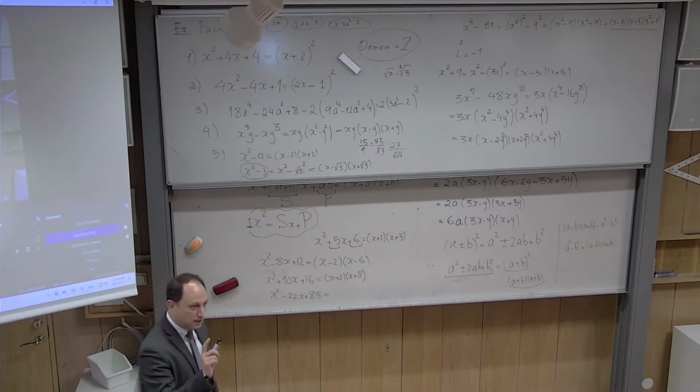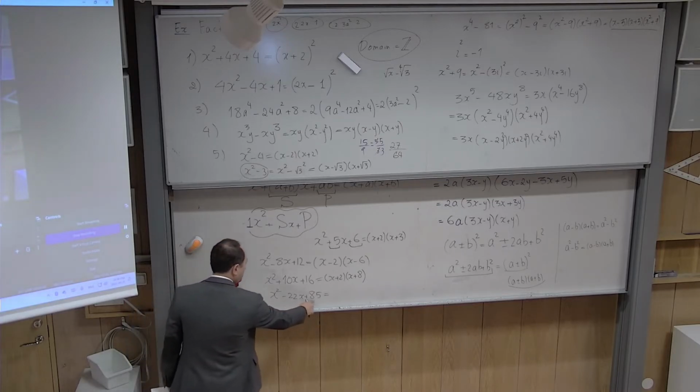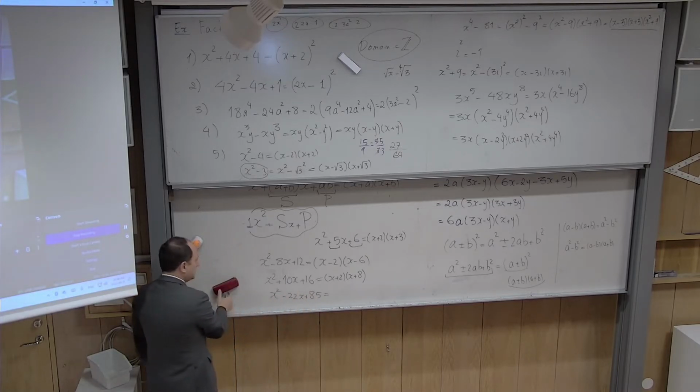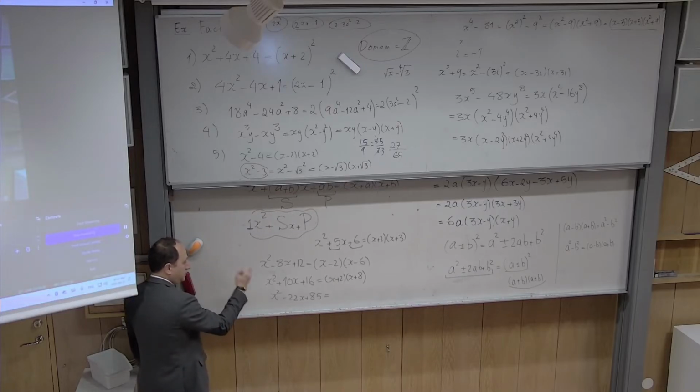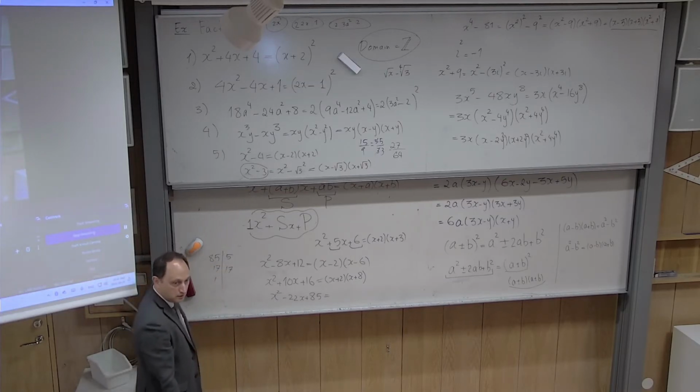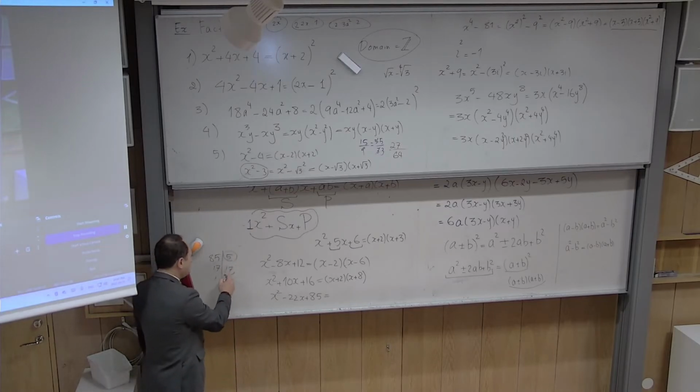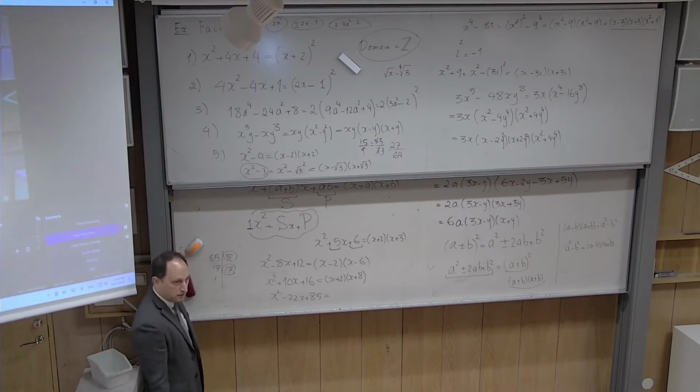It's not hard to guess, but if it is hard, just go and factorize 85. So you divide by 5, how many times? 17, yes? And then you divide by 17, it becomes 1.